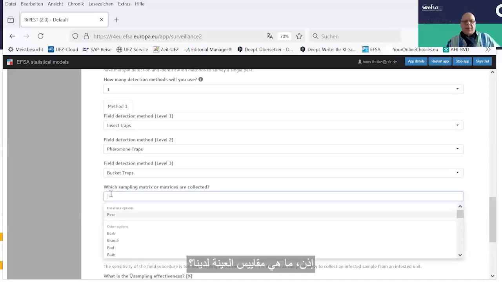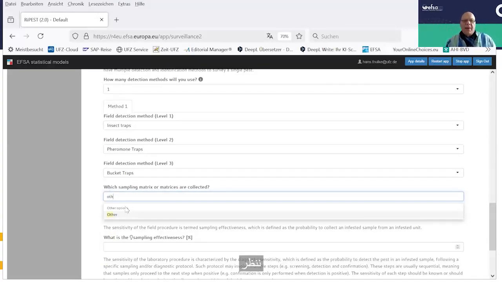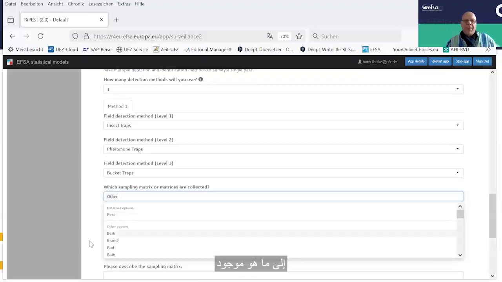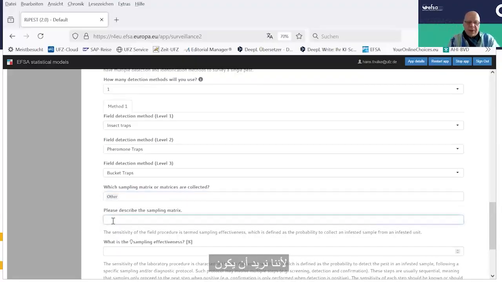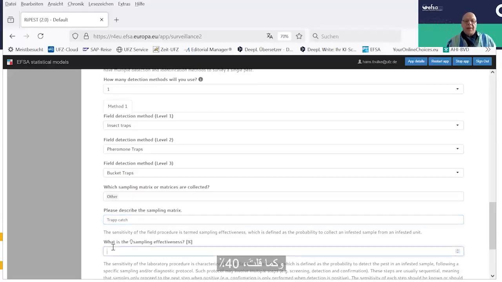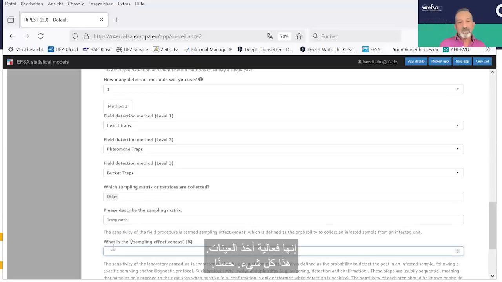Okay. So what is our sample matrix? We want to have the trap catch as our sample matrix. Good. And you said 40% is the method sampling. Yeah, it's the sampling effectiveness.